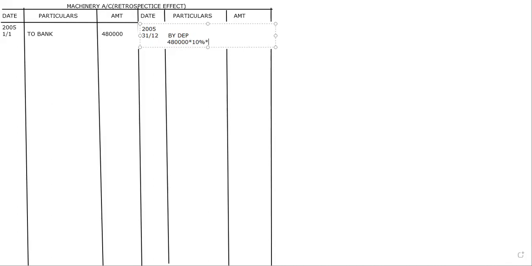From 1st January to 31st December, that means 12 months we used it. So it will be 48,000. What will be the balance carried down then? 4 lakhs 32,000. So I am done with this one.